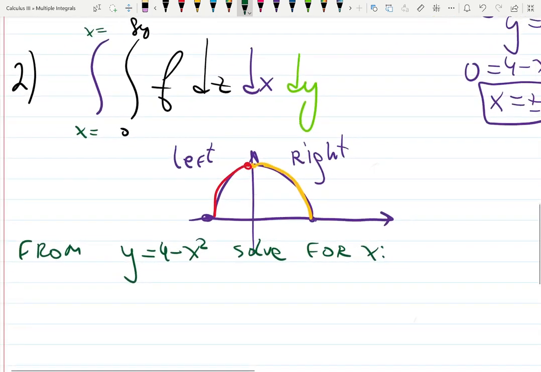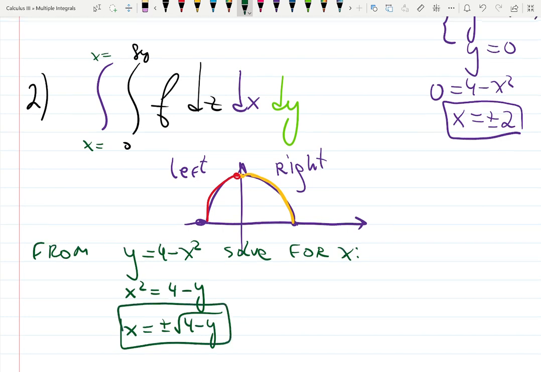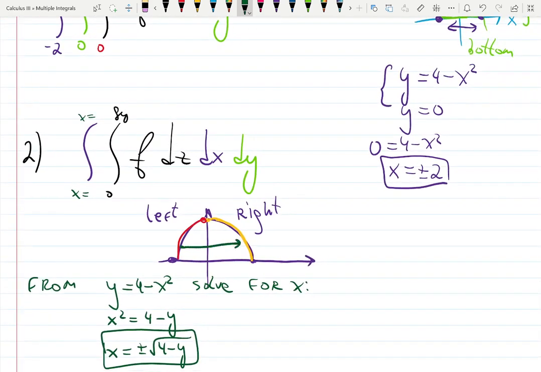And this is why we don't have a unique answer, because x squared equals 4 minus y. X will be plus and minus square root of 4 minus y. So it's going from small to large, right?